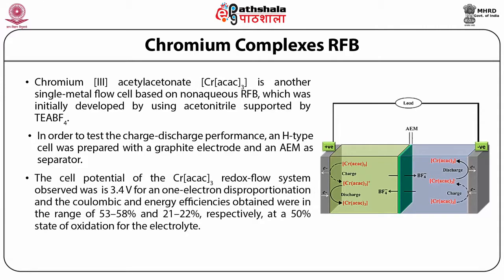The cell potential of the Cr(acac)3 redox flow system observed was 3.4 volts for a 1 electron disproportionation, and the Coulombic and energy efficiencies obtained were in the range of 53 to 58% and 21 to 22% respectively at a 50% state of oxidation for the electrolyte.